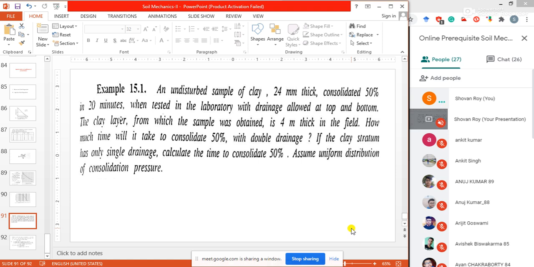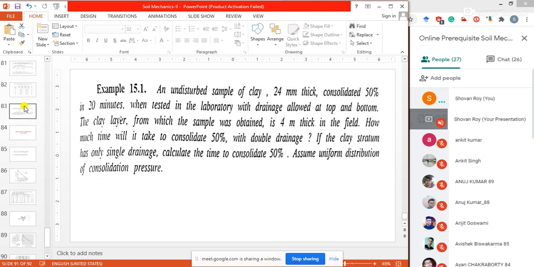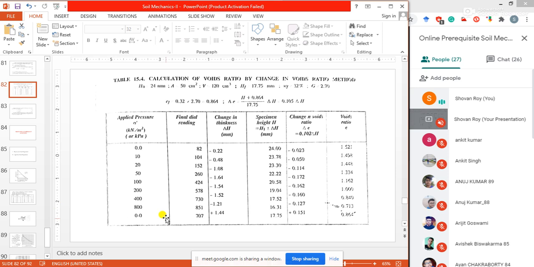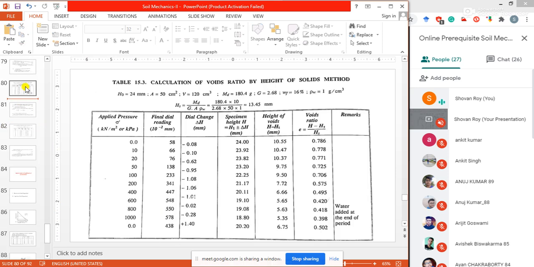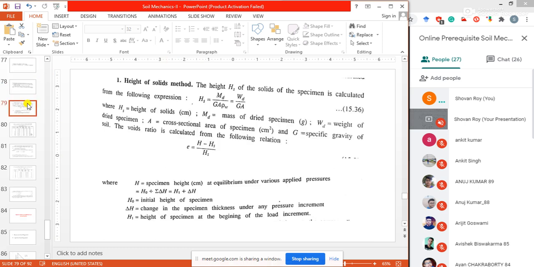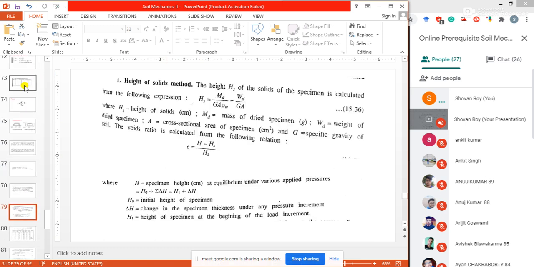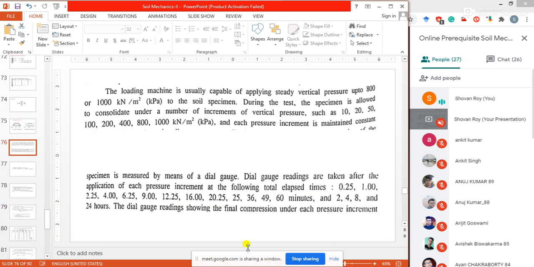Suppose elapsed time, already I have discussed, or you have seen the elapsed time. During this elapsed time where we are putting the uniform load, suppose first load is 10, then 20, then 50, then 100, 200, 400, 800, so load is uniform.